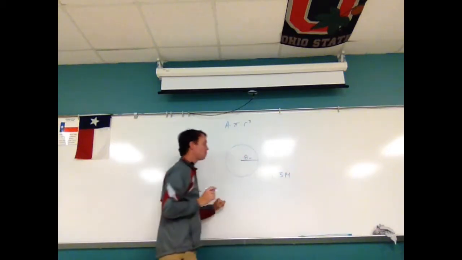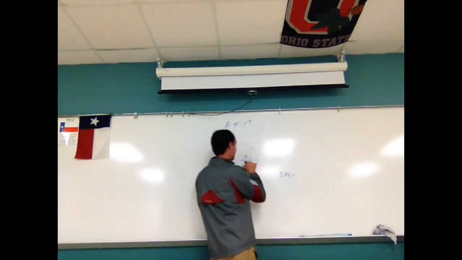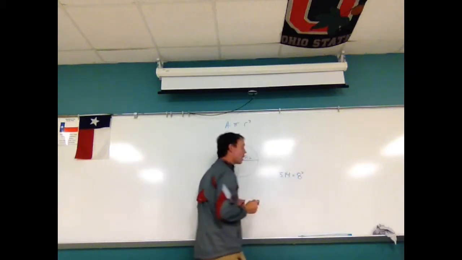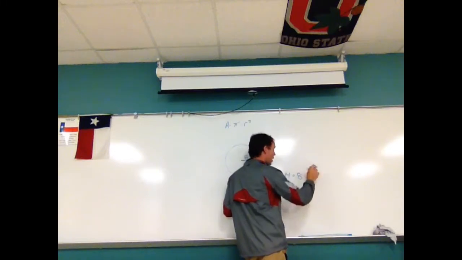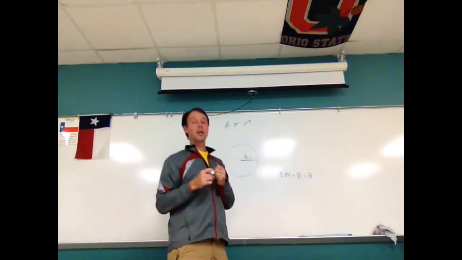3.14, okay? Now, my radius in this case is 8, so I'm going to put 8 squared, and really what that means is the same thing as saying 8 times 8, okay? A number squared is a number times itself.